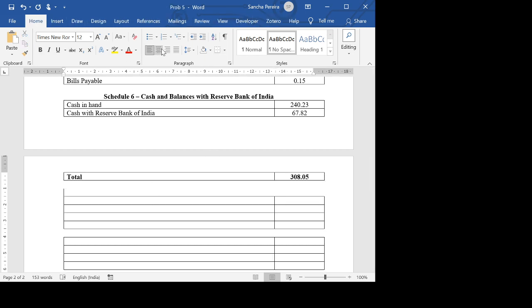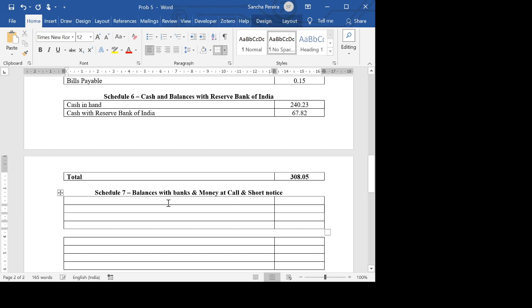Next we have Schedule 7. Schedule 7 is balances with banks and money at call and short notice. You need to remember these names, the names of the schedules. I think again we have two items here.